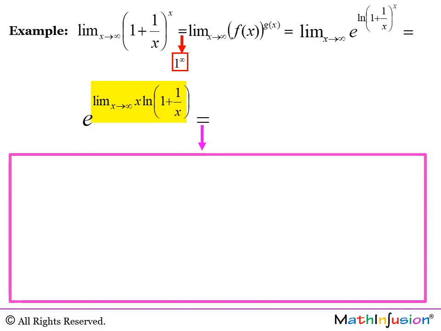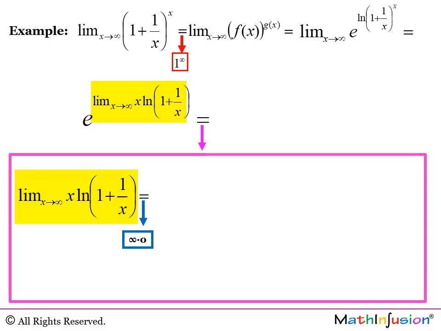This is not an easy limit. Look at the form of this limit. When x approaches infinity, x is infinity, but ln of 1 plus 1 over x, when x approaches infinity, 1 over x is almost 0, and ln of 1 plus 1 over x is almost ln of 1, and ln of 1 is 0.